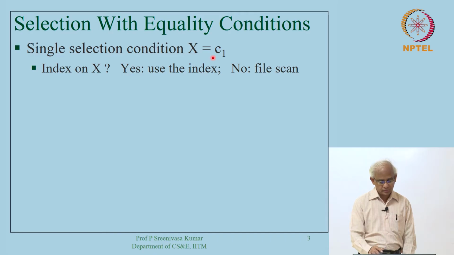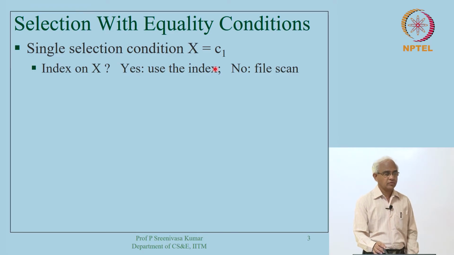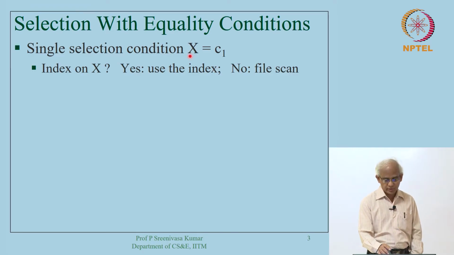Now, on some relation, on some set of tuples, this kind of selection condition has been specified. One of the first things we have to check is whether there is an index on that particular attribute x.